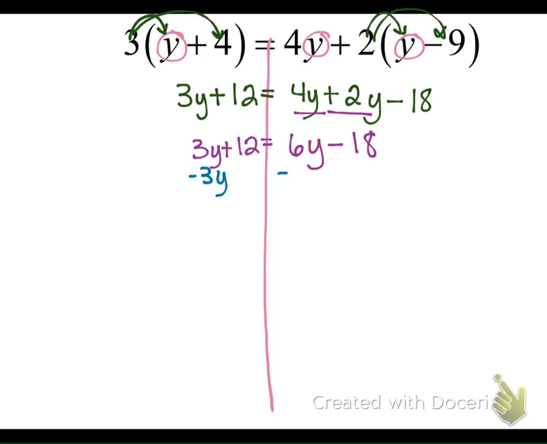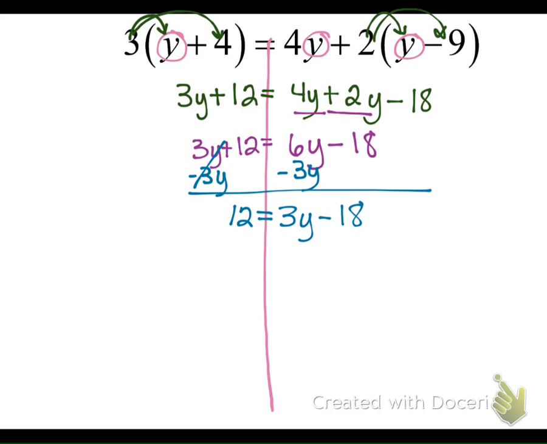Do you always have to move the smaller one? Nah. It's easier because you're going to have fewer negatives to deal with. So on the left side, what do I bring down? 12 equals 3y minus 18. And the final step?